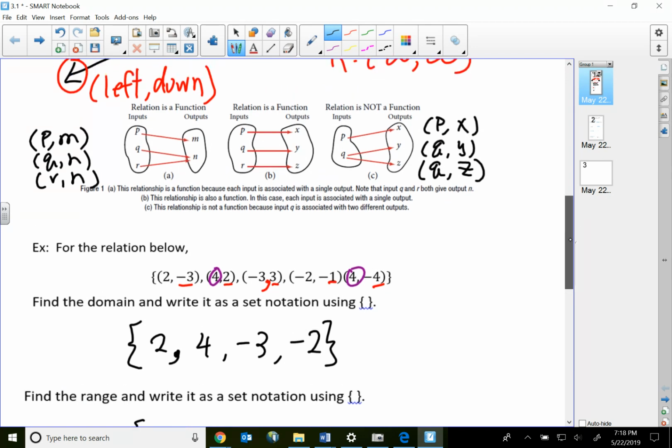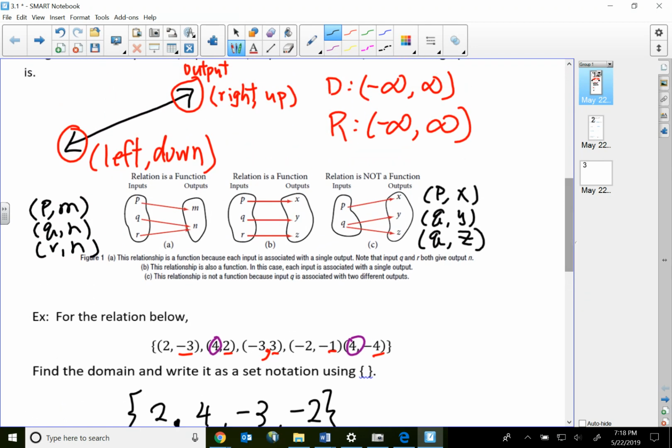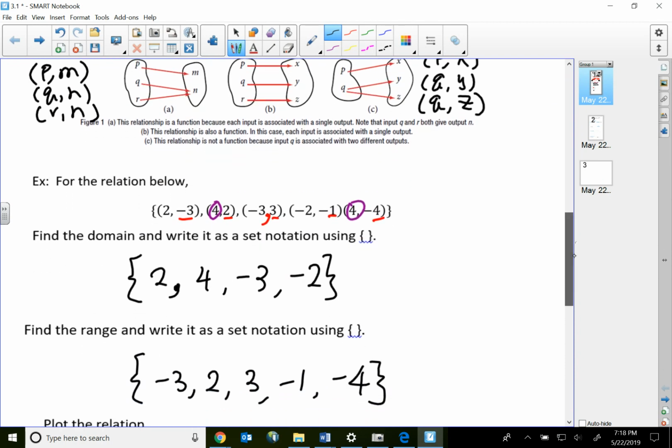It has to be different x values corresponding to one y value. So may I have all different kinds of x values that all go to the same y value?